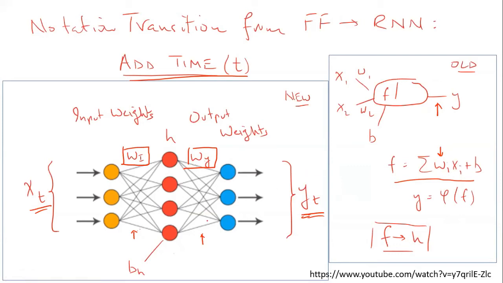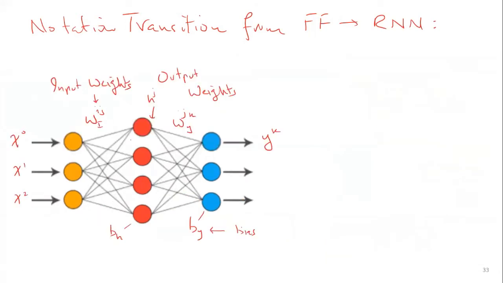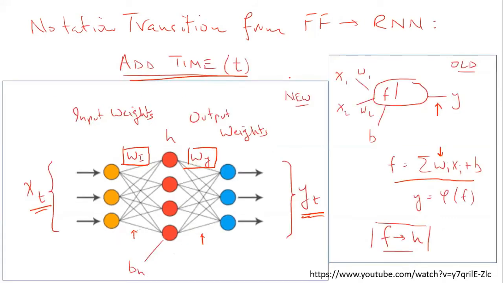Okay, so what should be the equation for these? Let's try to figure this out. So what should be the equation for, let's say, h of j? Now, I made a small change in notation, keeping in view the changing notation, because with RNNs, as we look at different architectures, notations will change.